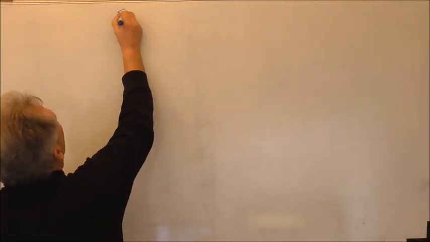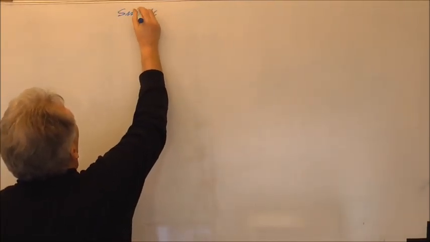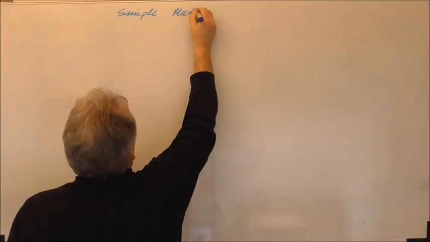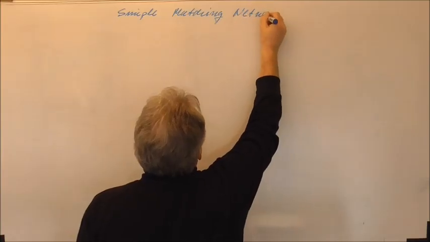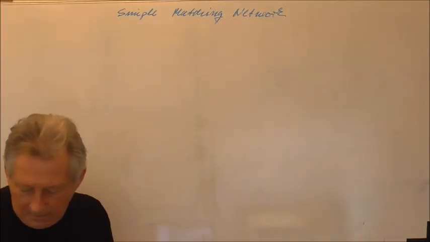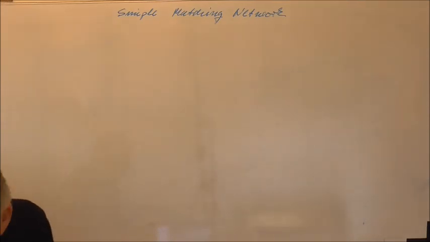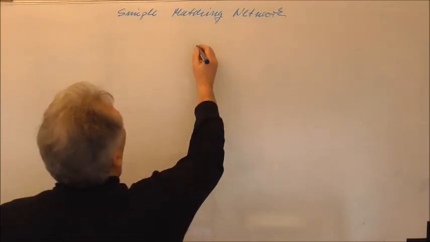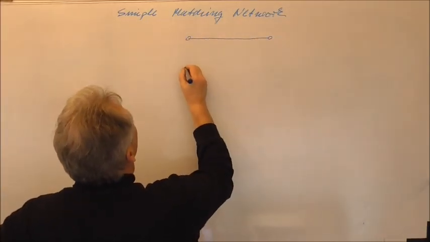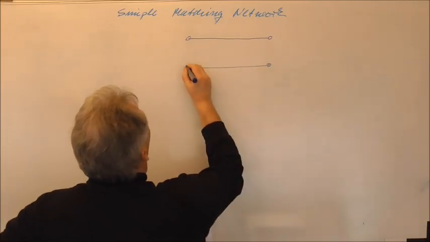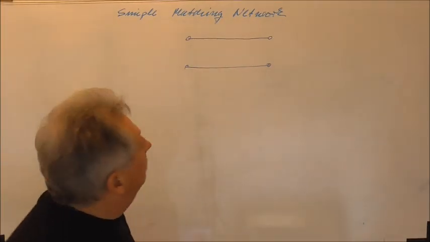A simple matching network could look like this: I have a transmission line, where we assume that this transmission line is almost lossless.